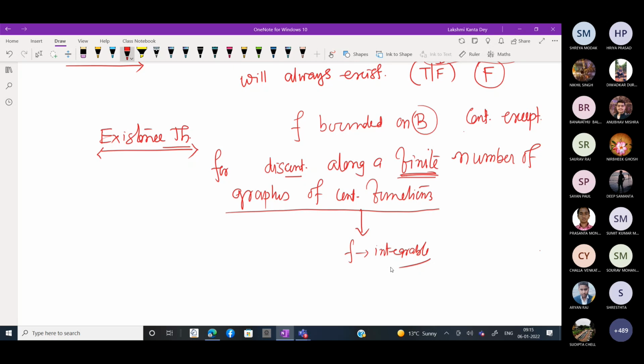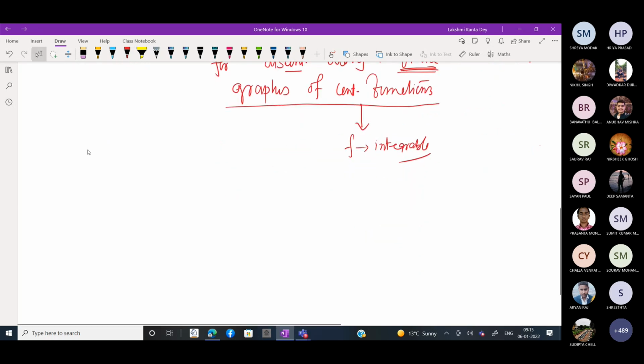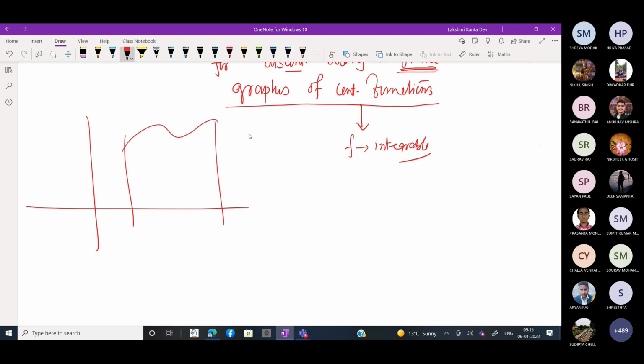And some students ask, having some difficulties in understanding. So if you see in case of single integration, whatever the theorem says, suppose this is a to b. I just like to relate this thing.